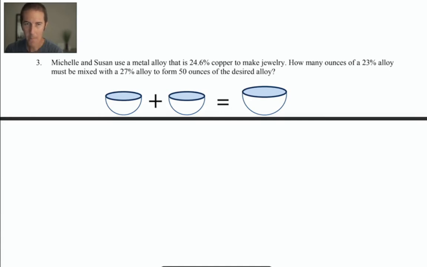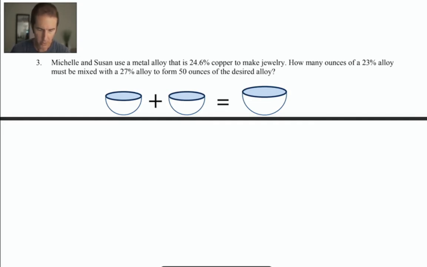So this is a fairly typical style of problem, which is why I wanted to work through this one with you. And the unknown is the number of ounces of the 2 different types of alloy.